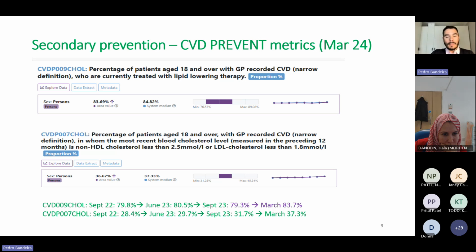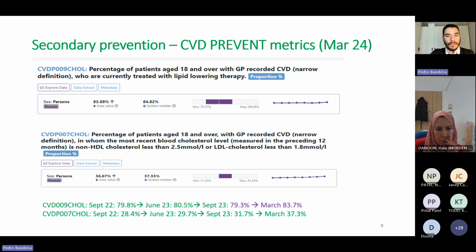You can see there's a lot of talk around cardiovascular prevention to include lipid optimization, and a lot of figures have been collected nationally with this quality improvement data from CVD Prevent.